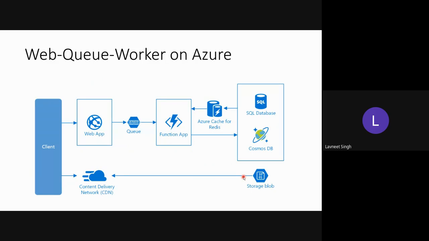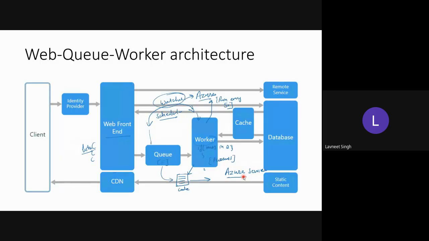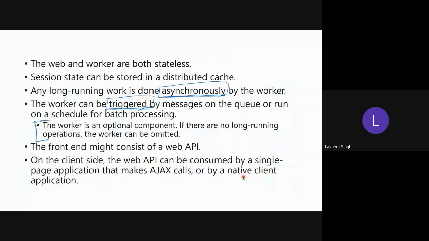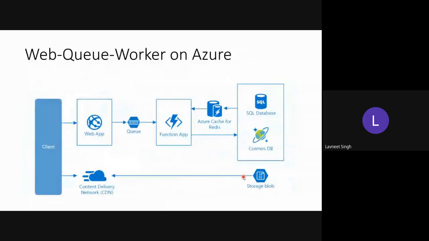Now, this is the architecture in general, right? How do you implement this architecture in Azure? That is where I wanted to come to, and move to another piece of our course, justifying that. If you want to implement this web-queue-worker architecture on Azure, we need to be aware of a lot of services that are available.